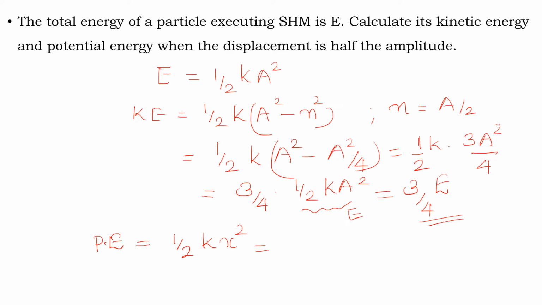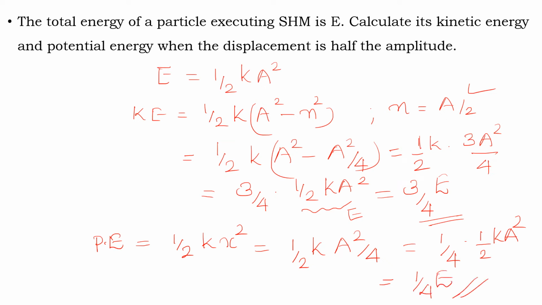When x equals A by 2, the potential energy will be half K into A square by 4, or it can be represented as 1 by 4 into half K A square. Half K A square is the total energy E. Therefore, the potential energy can be represented as 1 by 4 E.